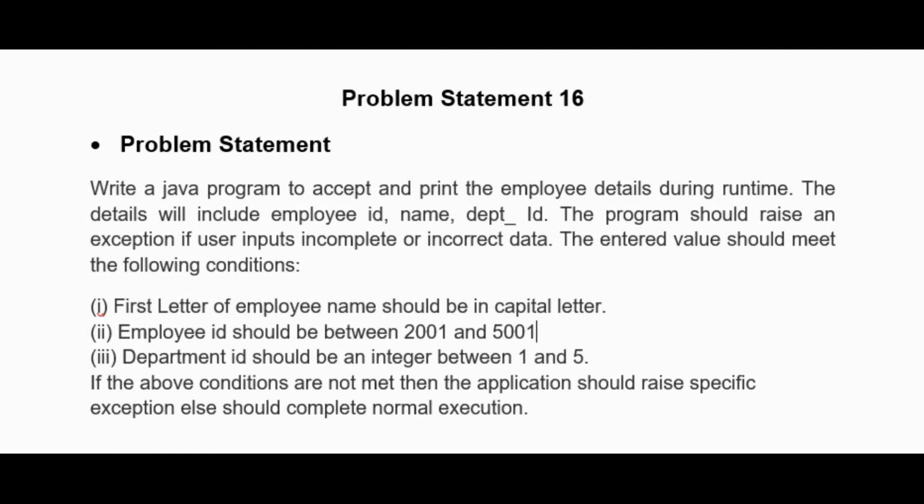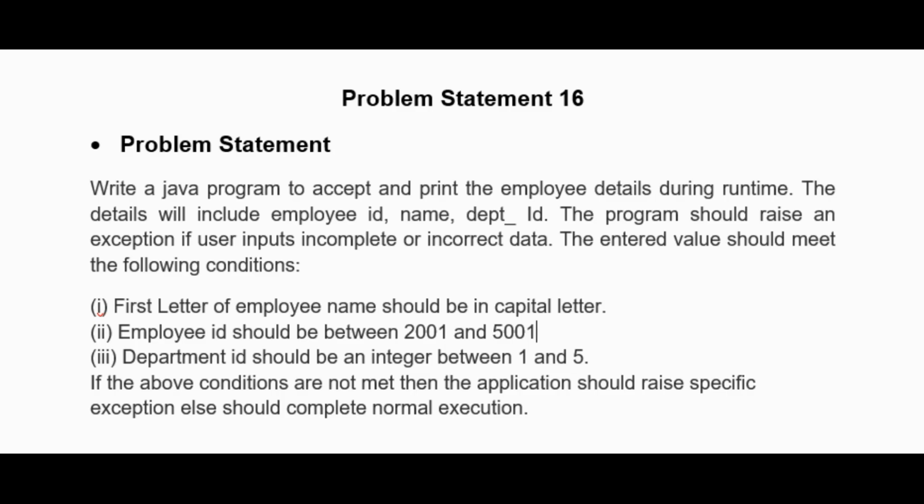First letter of employee name should be a capital letter. Employee ID should be between 2001 and 5001. Department ID should be an integer between 1 and 5. If the above conditions are not met, then the application should raise a specific exception, else should complete normal execution.